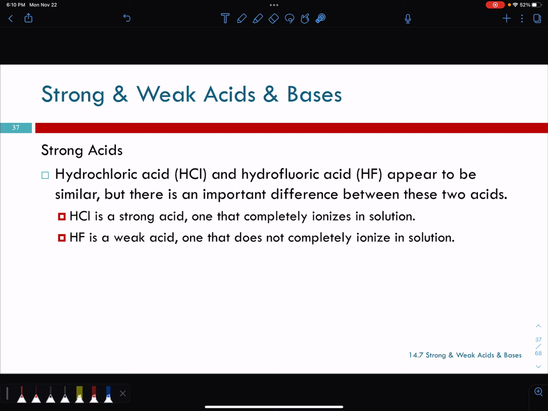You look like you had a question. Sorry. So HF, hydrofluoric acid, may be a weak acid, but it's also one of the worst acids because it will replace calcium in your bones and cause a lot of pain. It will also eat glass because the fluoride ions have a higher affinity than hydrogens do in that glass structure, so they'll just rip it apart.